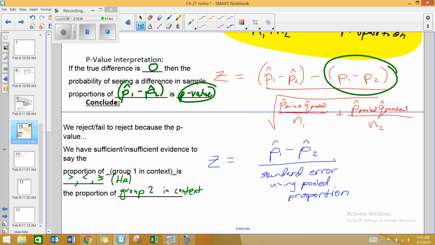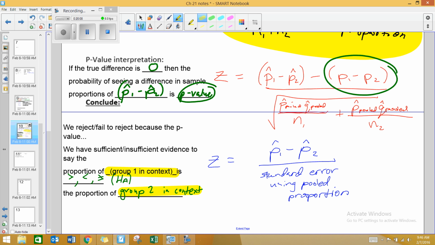And so what might that look like? By the end of the next example, we'll either be able to say we reject the null because the p-value is lower than the alpha level. We have sufficient evidence to say the proportion of males who wear their seatbelt, so males who wear their seatbelt is group 1 in context, is greater than, or less than, or is different than the proportion of females who wear their seatbelt.